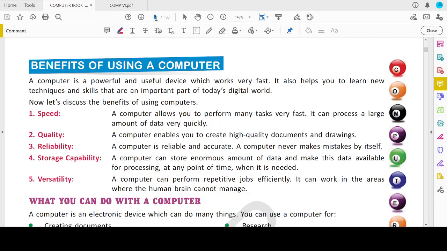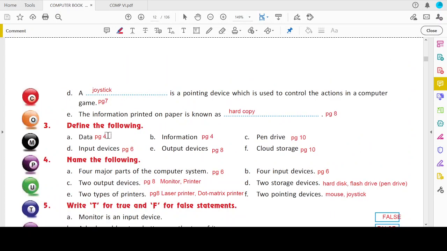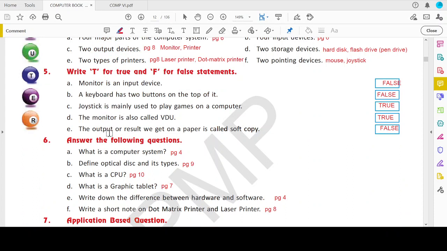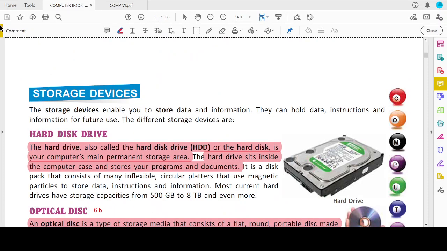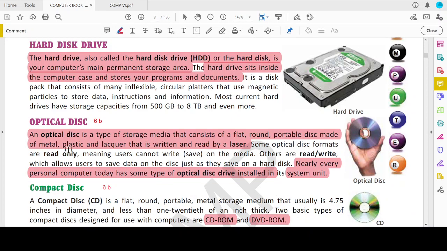Next question. Define optical disc and its types. What are optical discs? Optical discs are storage devices, secondary storage devices that are used to store data and that are read by a laser ray that is present in the CD-ROM drive or a DVD-ROM drive.